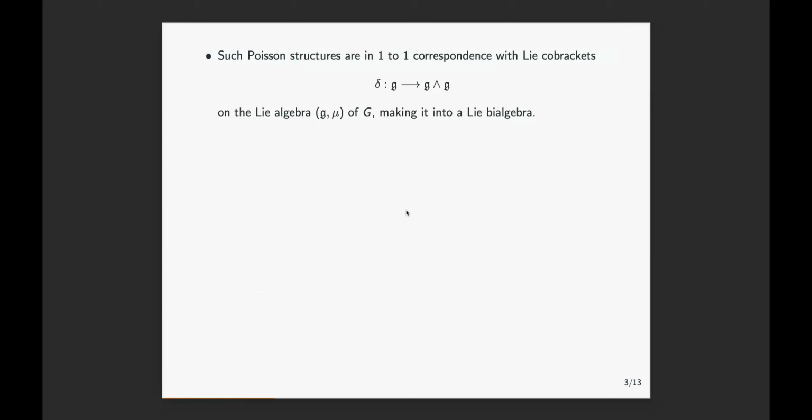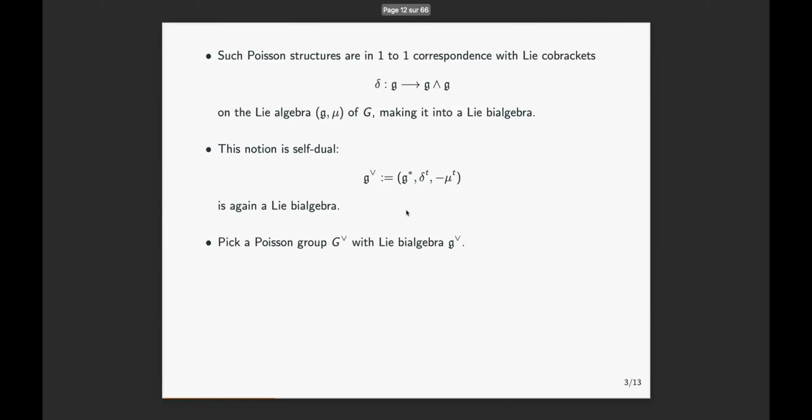And the nice thing about this notion of Lie bialgebra, just like for ordinary bialgebras, is that it's actually self-dual. So if you take the dual vector space and then transpose the map, and there's this slightly annoying thing that you need a minus sign here, which is not very important, then this thing is also a Lie bialgebra. So it makes sense to pick some Poisson group with Lie bialgebra g dual, and call this a dual Poisson group of G.